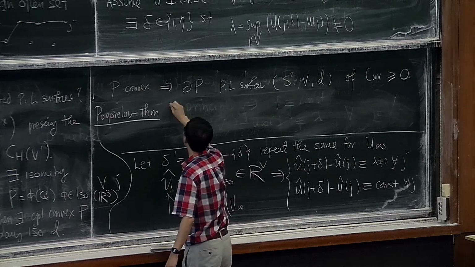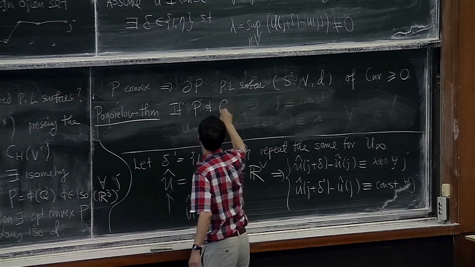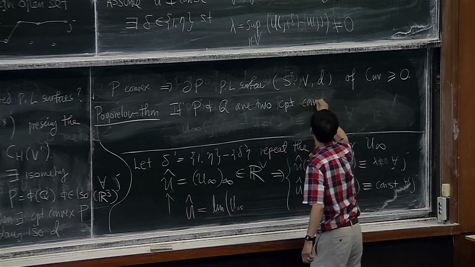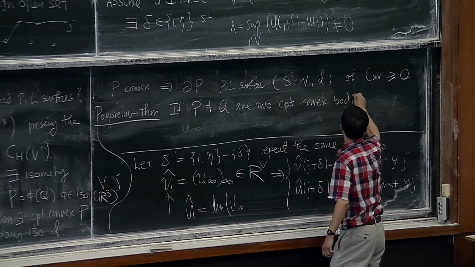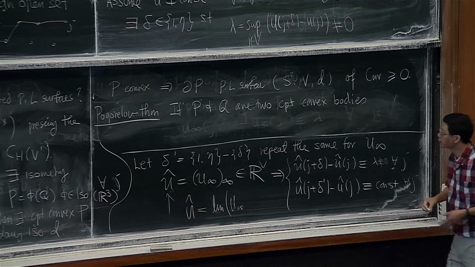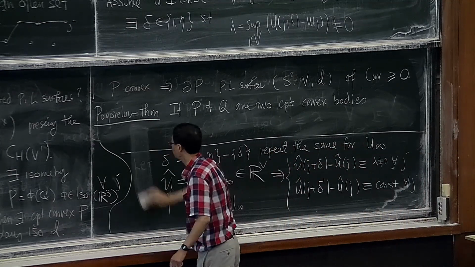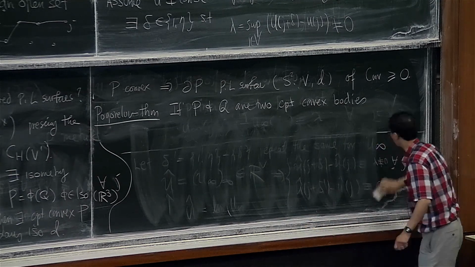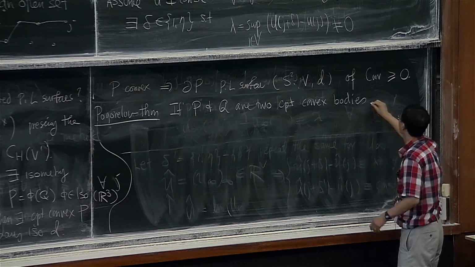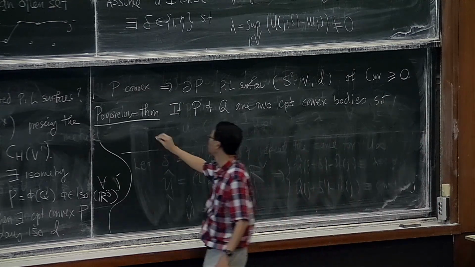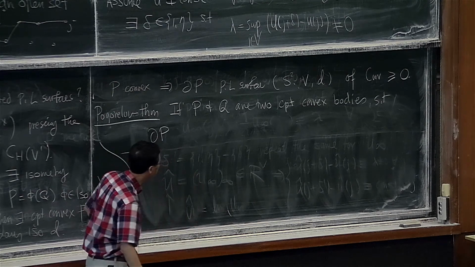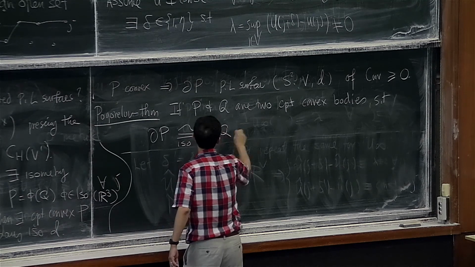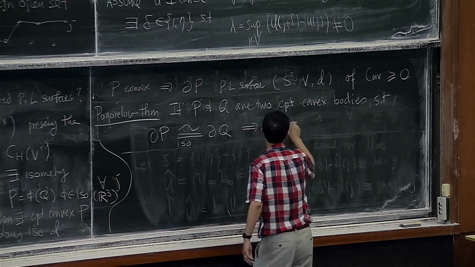So if P and Q are two compact convex bodies, so it may not be a convex polytope, it's a convex hull of any compact set in three-dimensional space, such that the boundary of P in its intrinsic metric is isometric to the boundary of Q, and then they differ by a rigid motion.